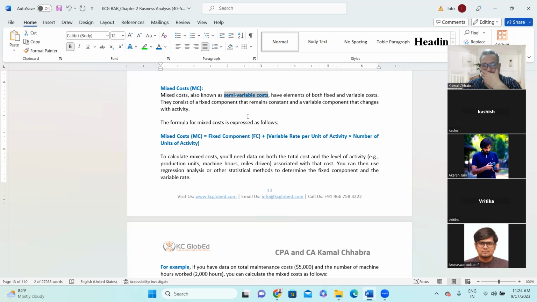Because if your machine's capacity is exhausted beyond that, then you will have to install more machines, and then you will have to incur more cost, and that will not remain fixed. So that I think is mixed variable, because step-up cost or mixed variable cost I think would be the same thing. Anyone else would like to add?